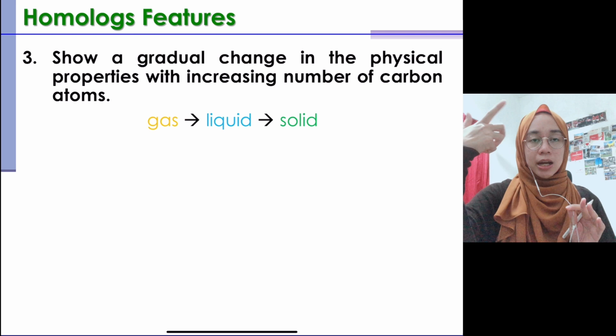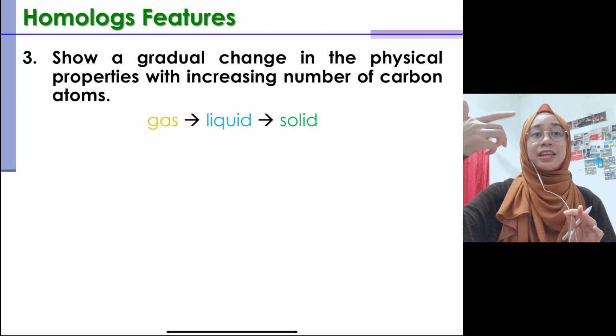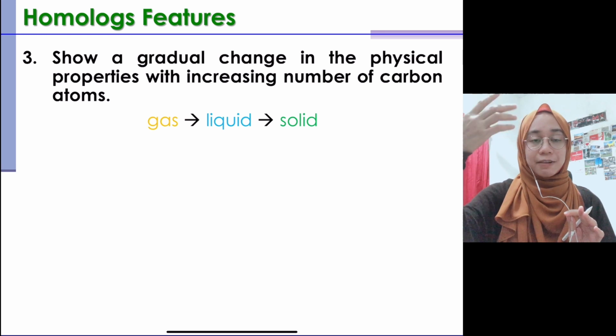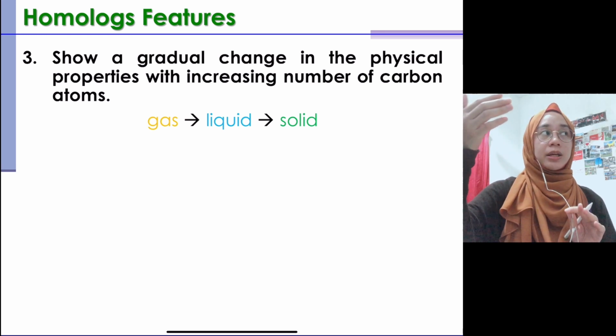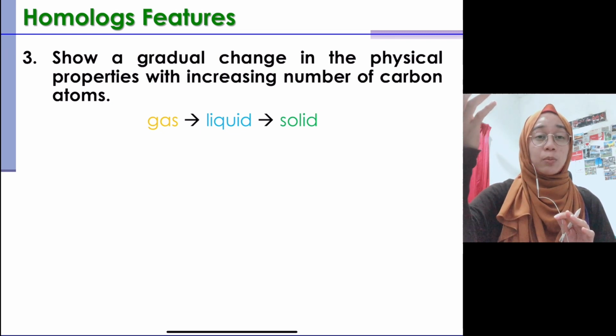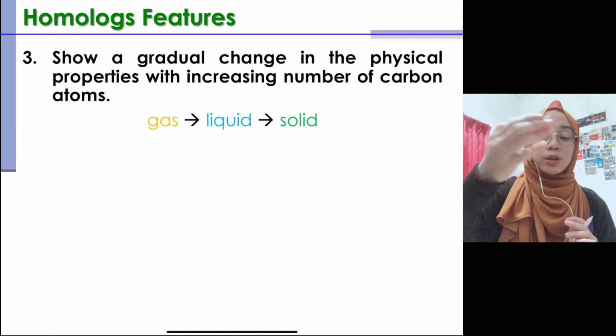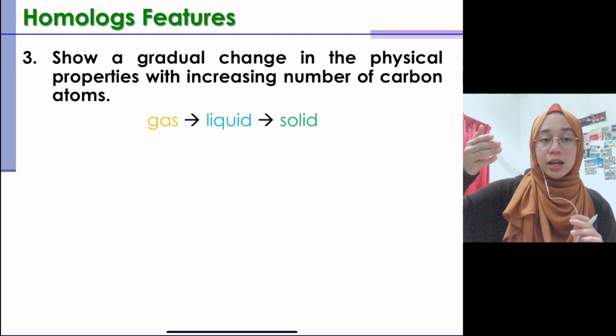But as the number of carbon increases, let's say kita pergi kepada C5 dah, ataupun C6, C7, dia dah jadi liquid dekat room temperature. Tapi kalau kita pergi pula kepada C30, ada 30 carbon, yang tu dah dalam bentuk solid. So gradually as the number of carbon increases, even the physical properties pun dia akan gradually change.